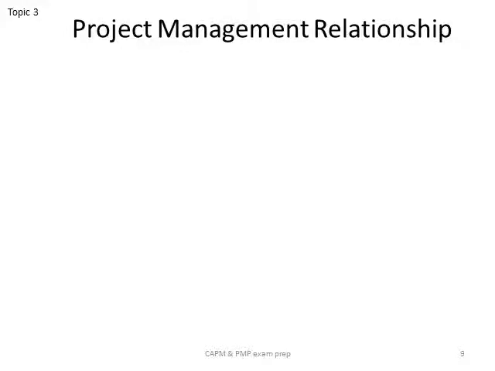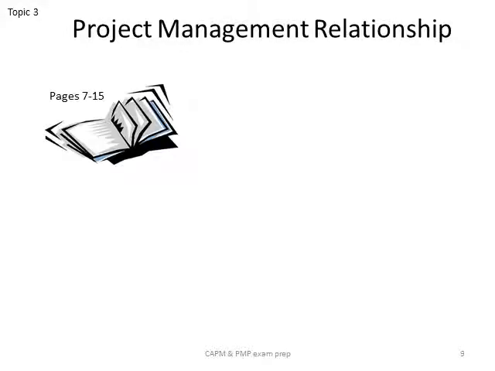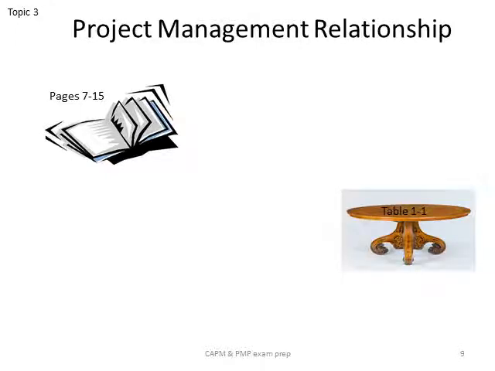Project management relationships. Pages 7 to 15 in Chapter 1 of the PMBOK Guide discuss the various relationships that project management has with other types of management. The following are the highlights. Table 1.1 on page 8 shows a comparison of project, program, and portfolio views across areas of interest within an organization.